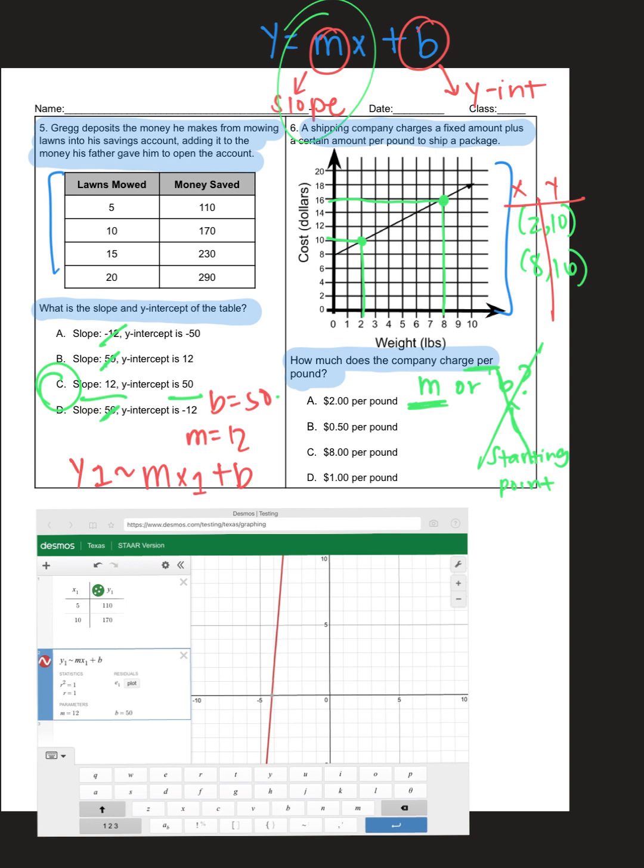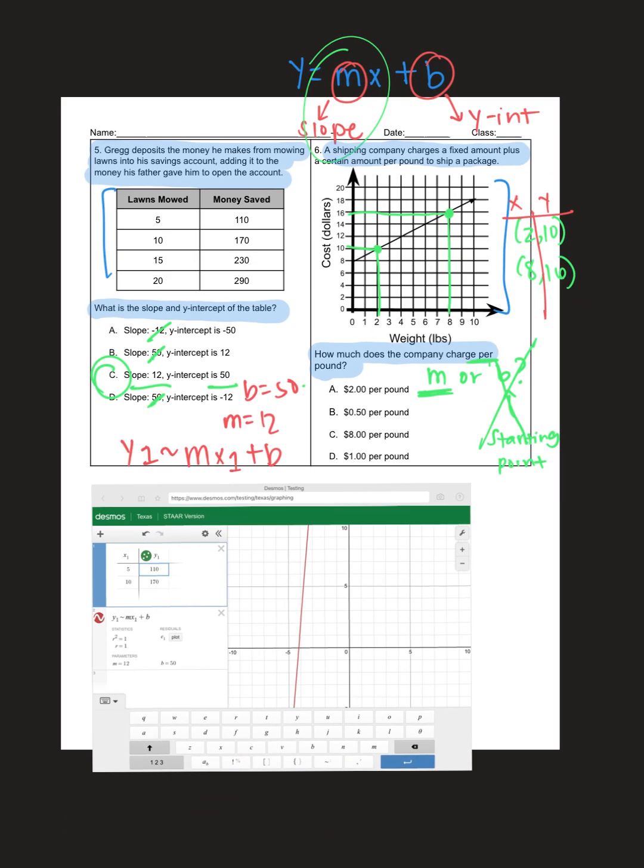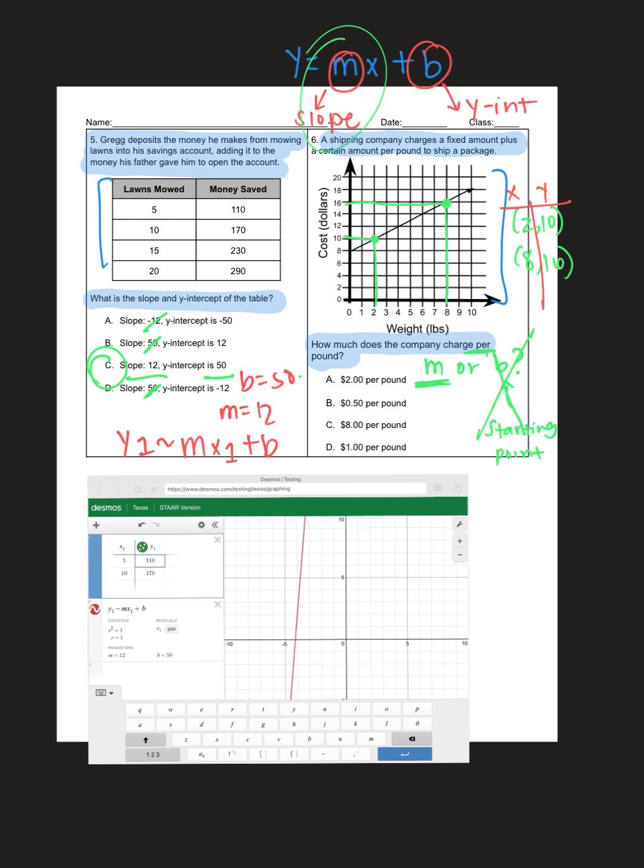So what I like to do is I like to delete what I have in the table if I already have one, because that makes it a little bit easier for me to navigate the calculator. So I'm going to delete all that. Delete the 5. This is from the old problem. If you want to delete the entire thing, that's totally valid.